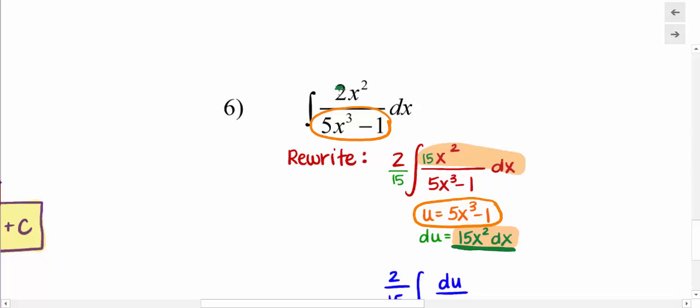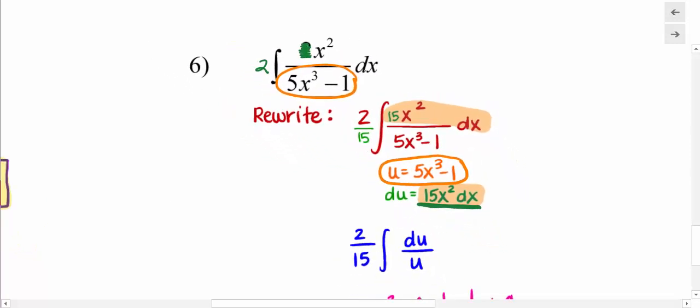So what we're going to do is rewrite this, move that 2 out front, just like I did in red, move it out front, and then you can multiply, because you need 15x squared dx, and right now you only have x squared dx.